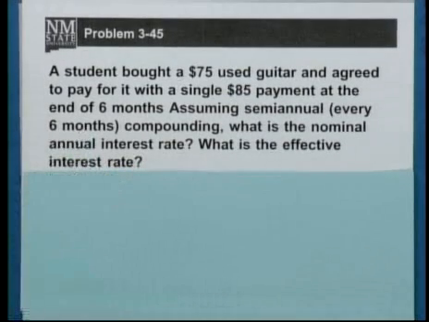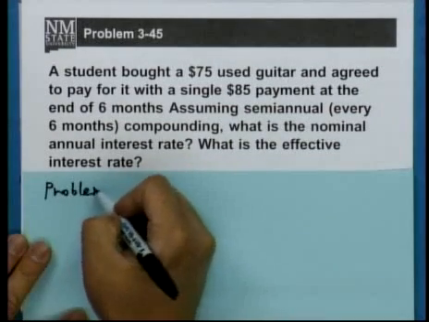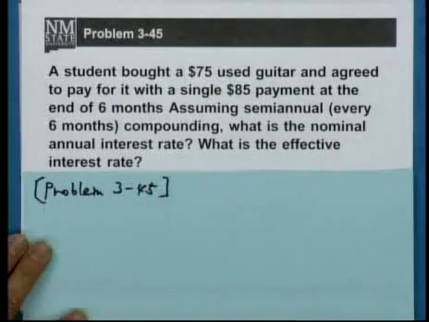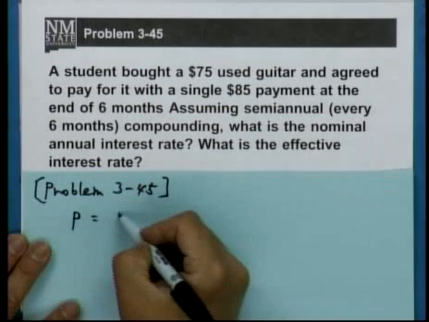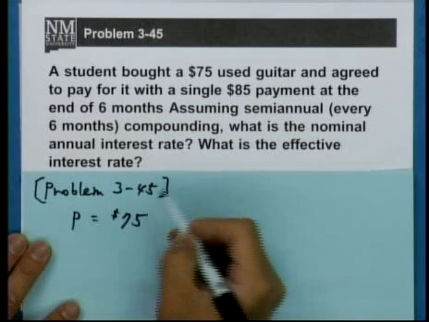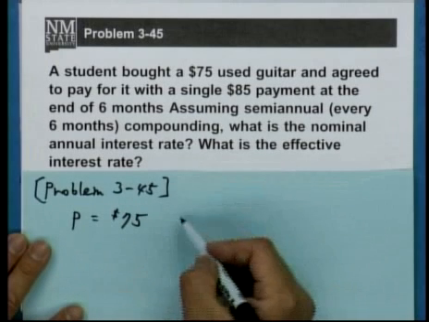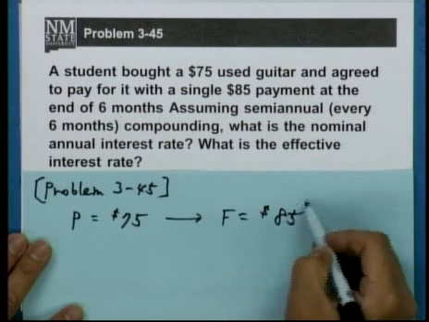So we are working on problem 3-45. Okay. So a present sum of money, $75, will be converted to an equivalent future sum of money, which is $85. Is that right?